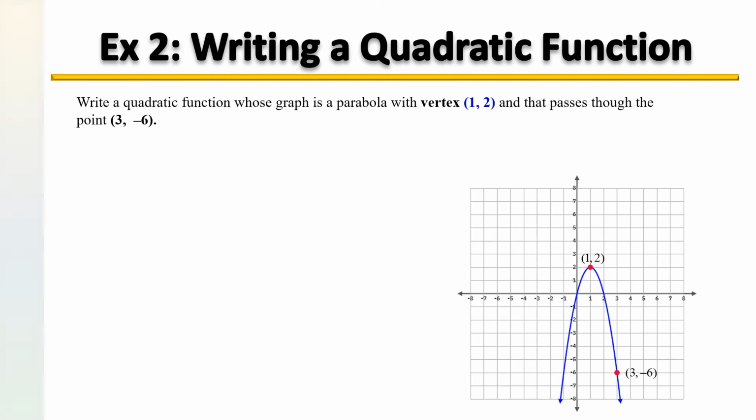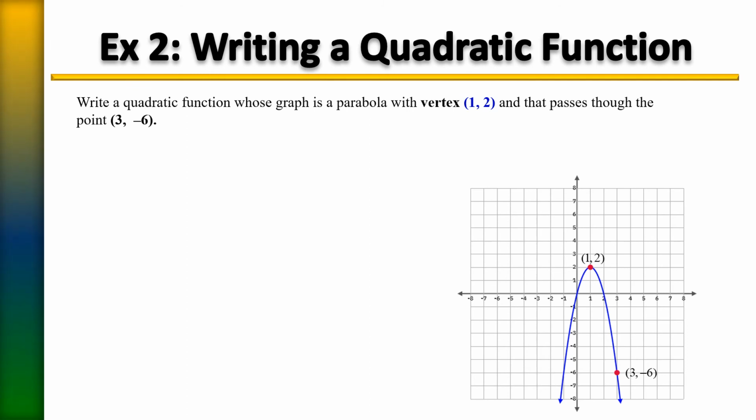Okay, let's do one more. Here we're given again the vertex and one other point on the graph, and asked to write an equation for that, or write a function. Notice that this particular parabola is more narrow than the parent function, which indicates that there was a vertical stretching of that graph.